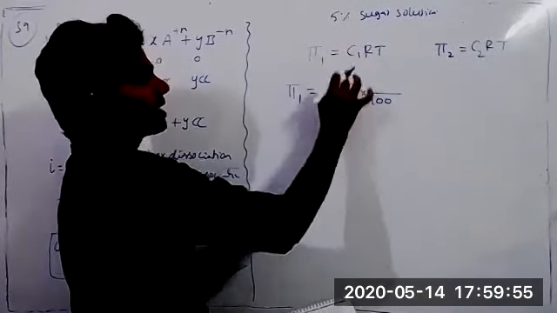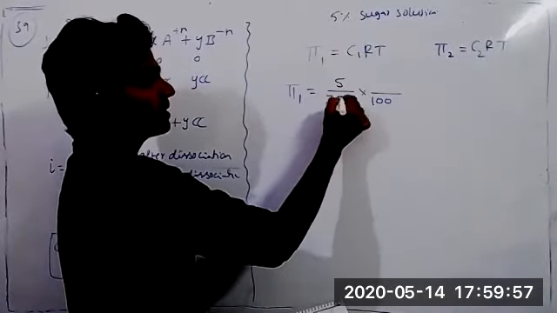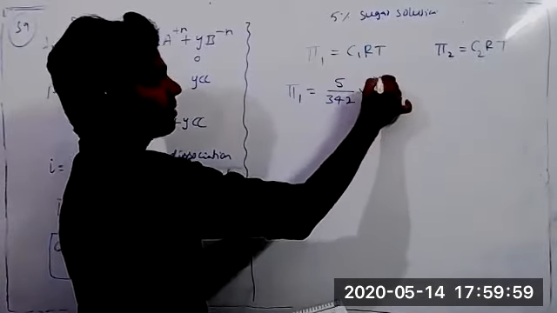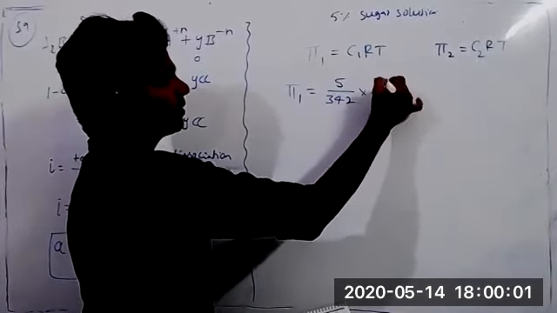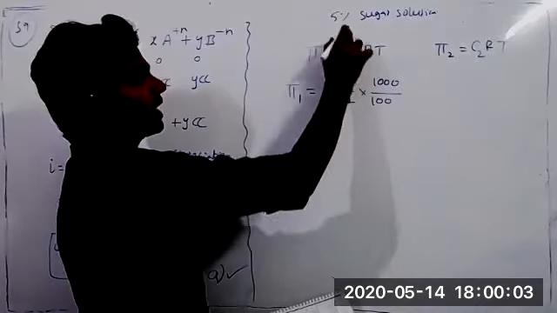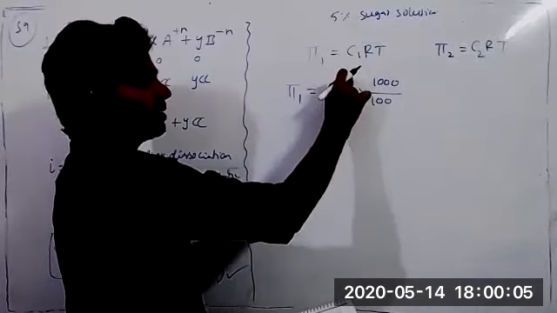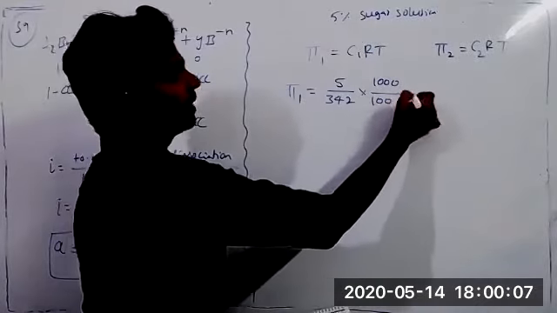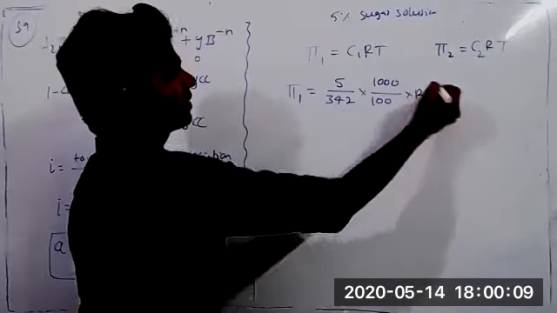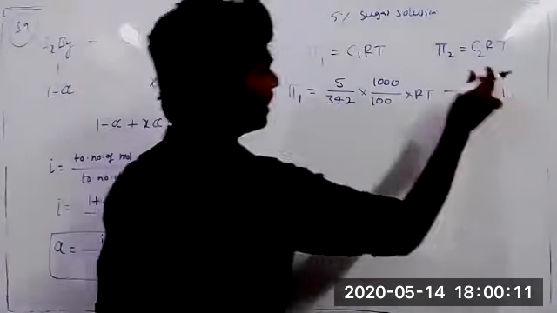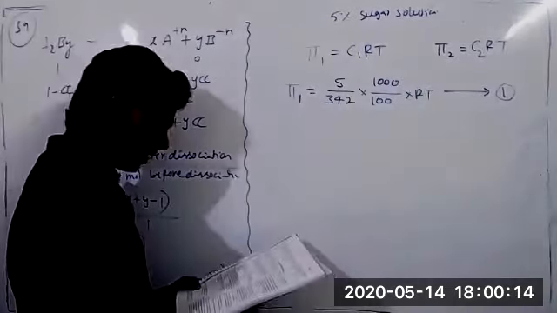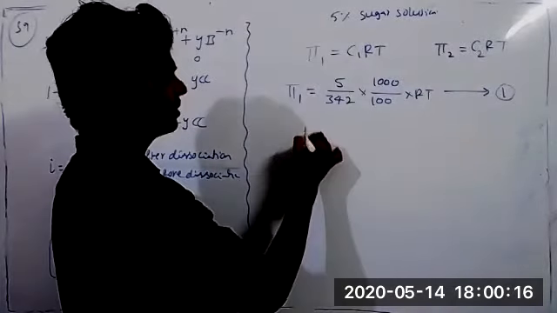Molarity means mass of solute divided by its molar mass into 1000 by volume of solution. Volume of solution is 100 because it is 5%. So 5 grams in 100 ml, into R into T. This is equation 1.